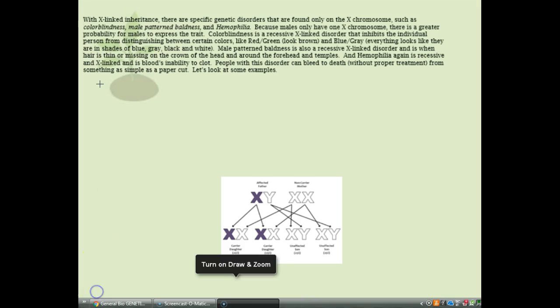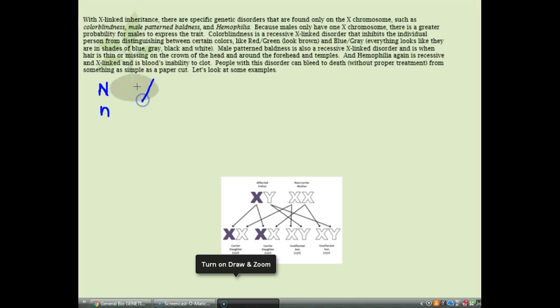So it's a recessive X-linked disorder. I'm going to use the letter N for color blindness in this case. An individual with normal vision is going to be represented by that capital N. An individual with color blindness would need to have two recessive n's.